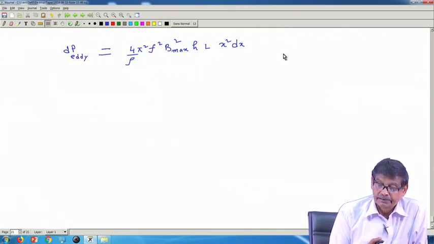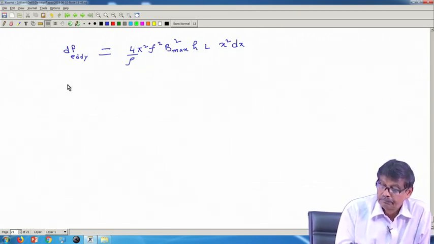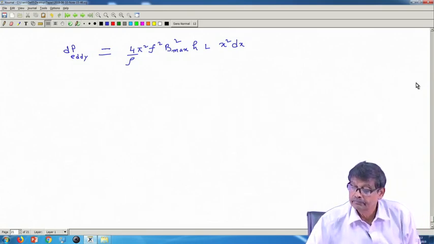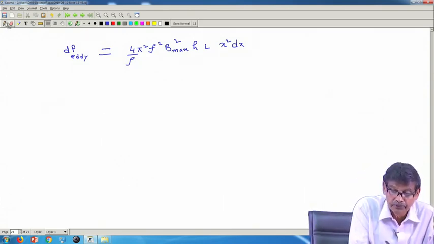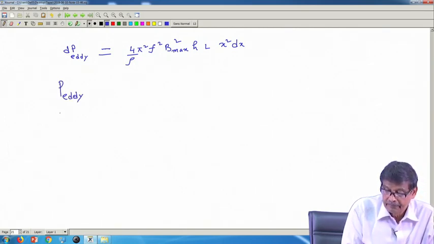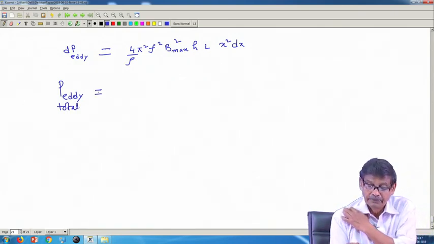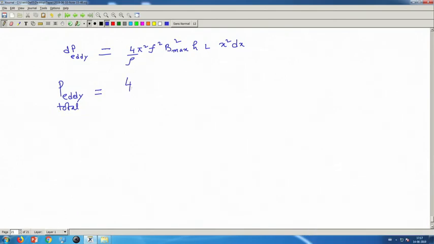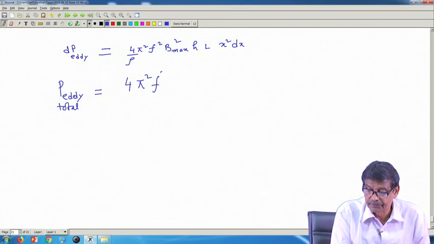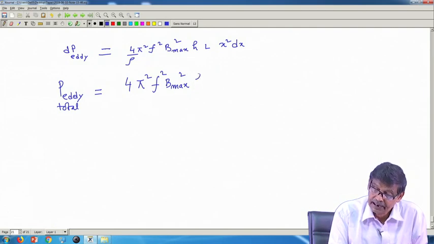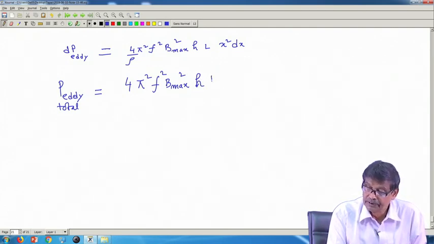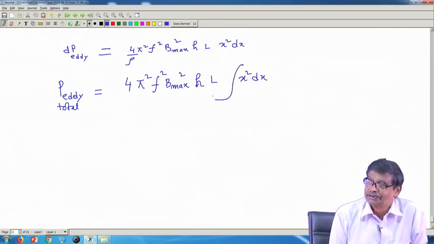Now, the question is how to get P eddy total. So, P eddy total in that plate will be equal to these constants, 4 pi square f square B max square into H into L, and this is x square dx, and this is to be integrated.